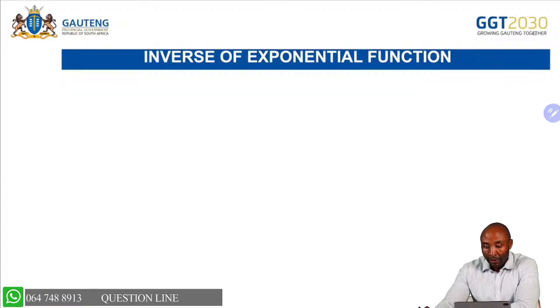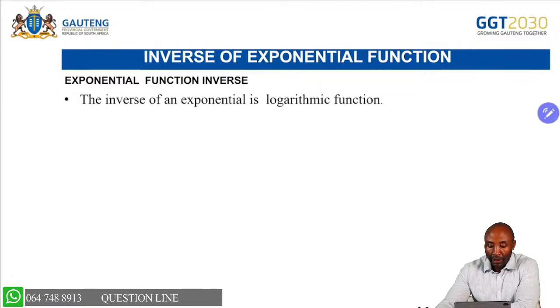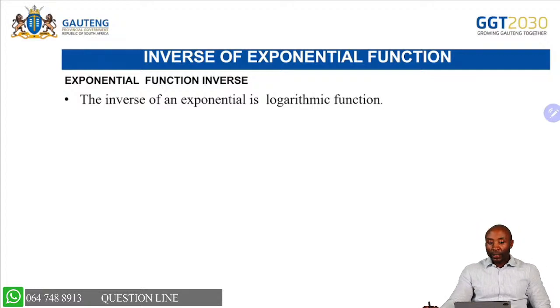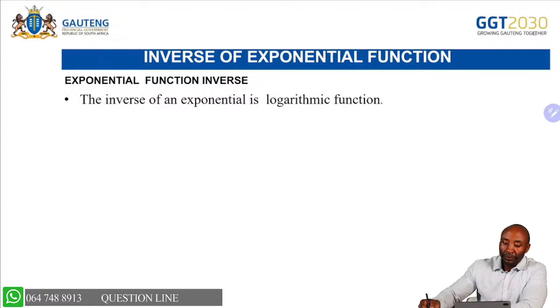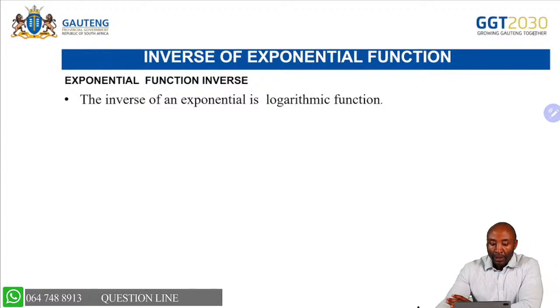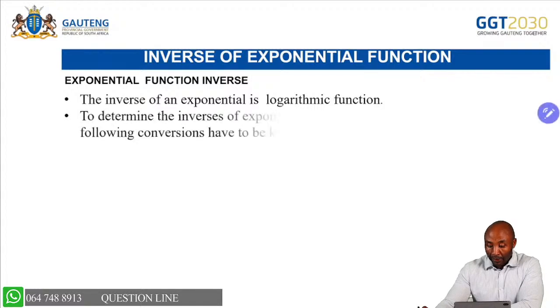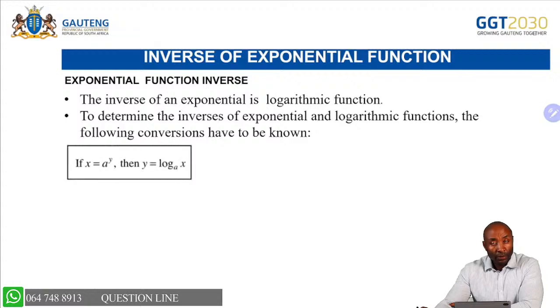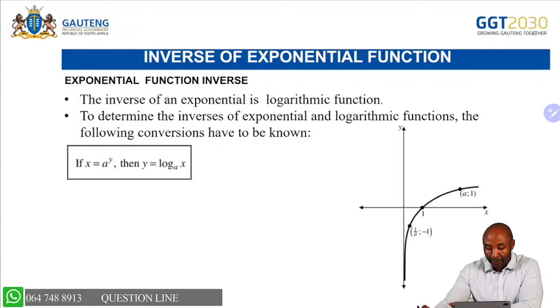Now, we move on and look at the inverse of our exponential function. The inverse of an exponential function is a logarithmic function. So to determine the inverse of an exponential function and logarithmic function, the following conversions, we have already discussed this.